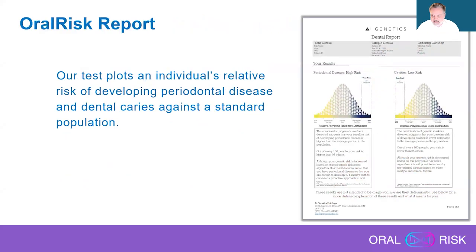Once the kit is received, we have it analyzed at Mount Sinai Hospital here in Canada, and the patient will receive a report compiling 3 different pages. I'm going to walk you through those pages. It plots the individual's relative risk in developing periodontal disease or dental caries against the standard population, showing their exact risk relative to everybody else.